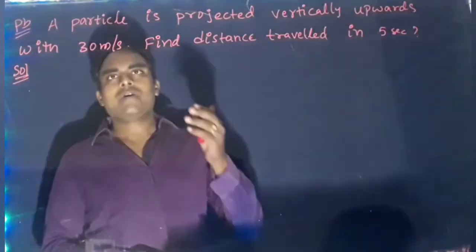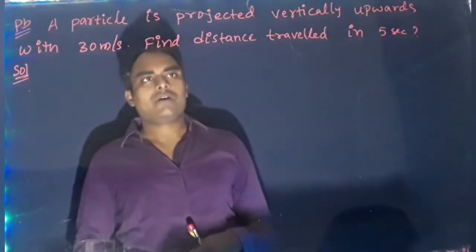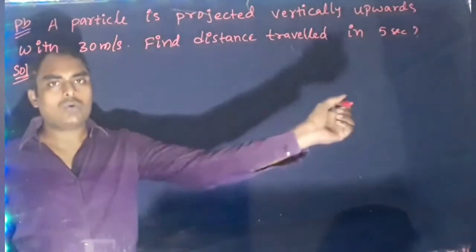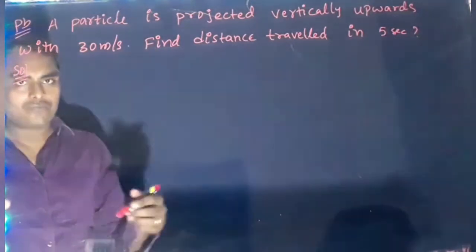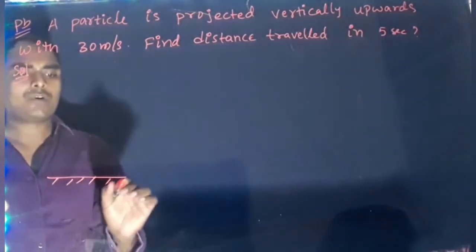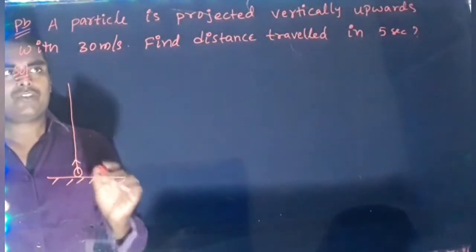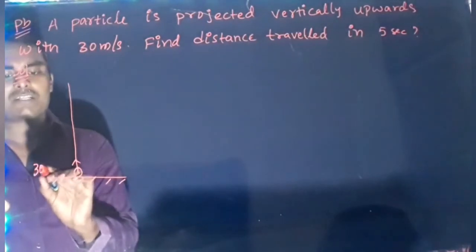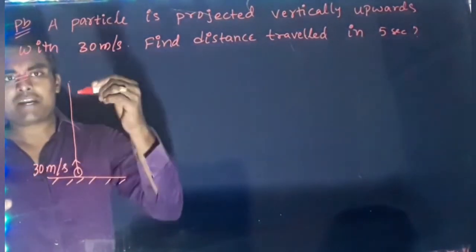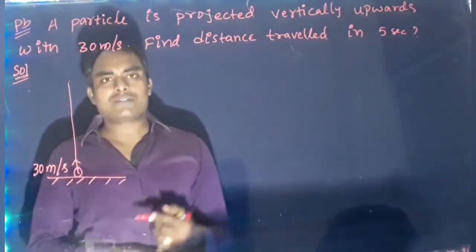Next problem. A particle is projected vertically upwards with 30 meter per second. Find the distance travelled in 5 seconds. If a body is projected vertically up from the ground, from the ground with velocity 30 meter per second, then it will reach maximum height and it will return back. Now they are asking to find distance travelled.